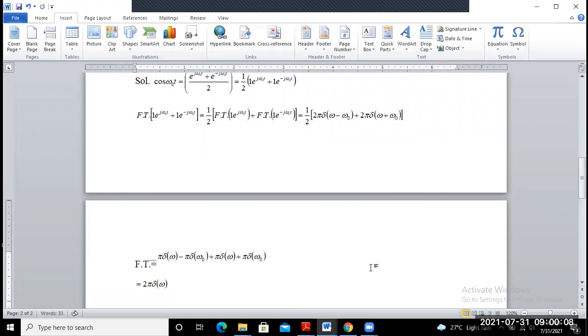So this is the Fourier transform of cos omega naught t.